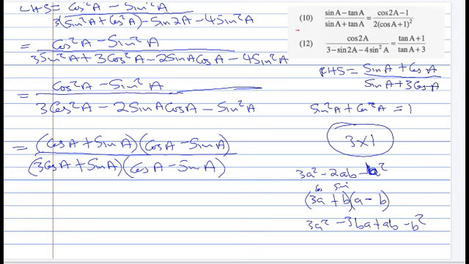And then what is left? It's just a matter of cancelling this cos a minus sin a, cos a minus sin a, and look at what we have there on the numerator and denominator. Our right hand side is sin a plus cos a. Here we have cos a plus sin a.